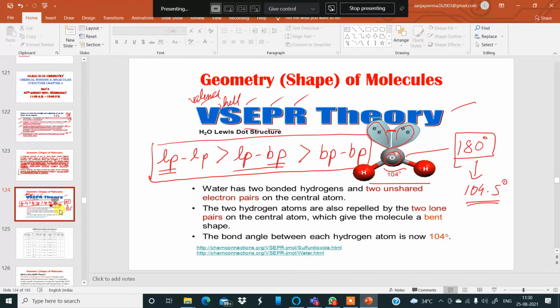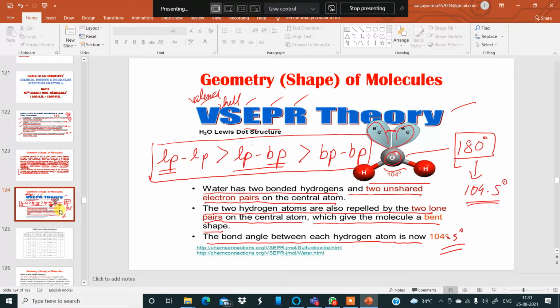Water has two bonded hydrogens and two unshared electron pairs on the central atom. The two hydrogen atoms are also repelled by the two lone pairs on the central atom, which gives the molecule a bent shape. After it has bent, the bond angle between the hydrogen atoms is 104.5 degrees exactly.